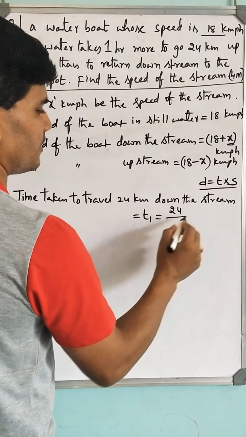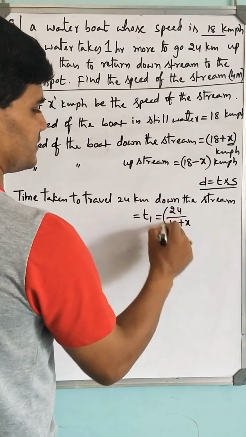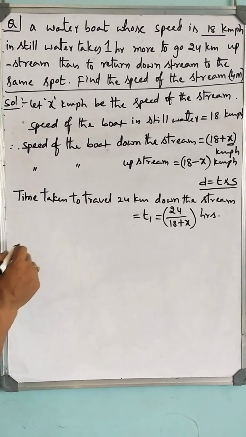Distance is 24 and down the stream our speed is 18 plus x. Let it be 24 by 18 plus x hours.